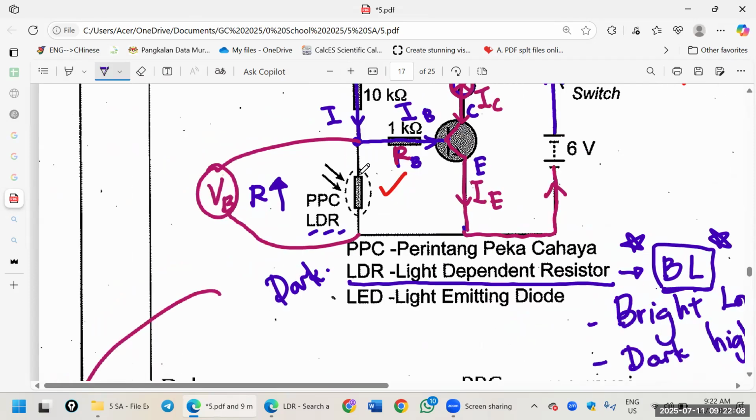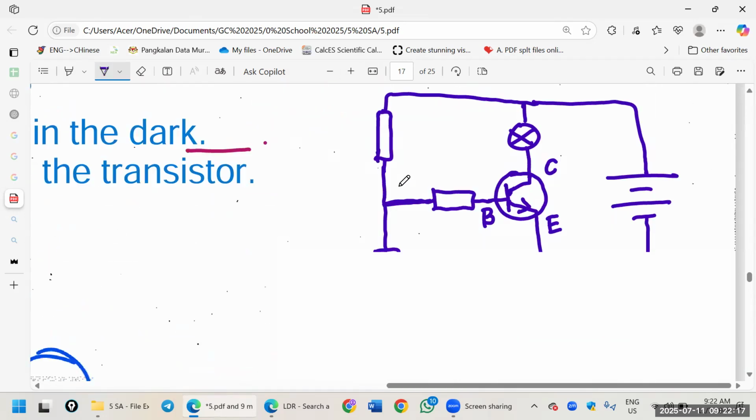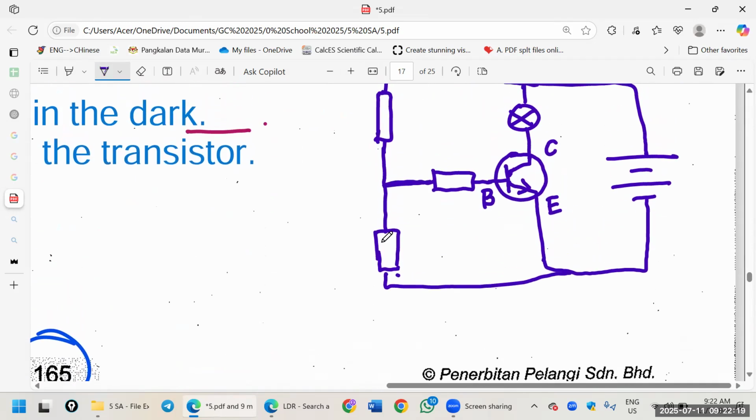We draw a box here, a transparent box with a dotted line, and two arrows going in. These two arrows mean it will sense the light. We will normally put it on the base. Then the light shines in. Get the idea?